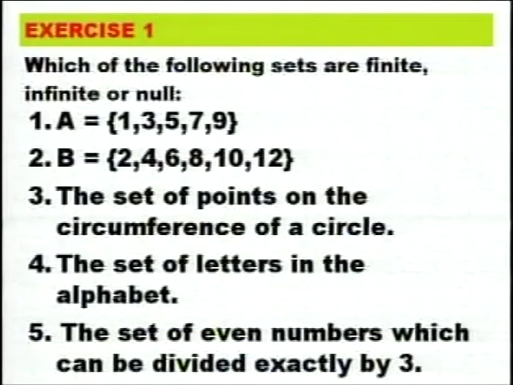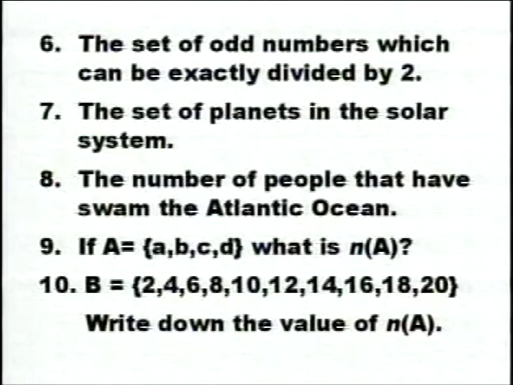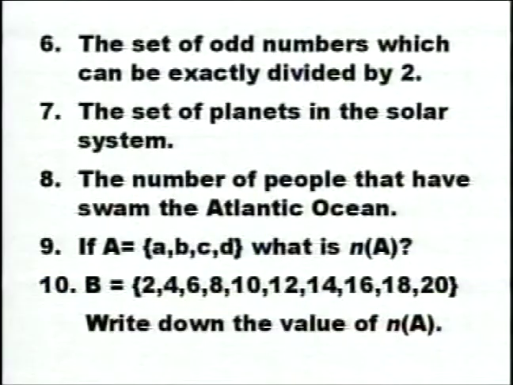Number 5, the set of even numbers which can be divided exactly by 3. Kiapin, give us the answer to that question. Infinite set. Okay. Number 6, the set of odd numbers which can be exactly divided by 2. Raylene. Null. It's a null set, or an empty set. Number 7, the set of planets in the solar system.